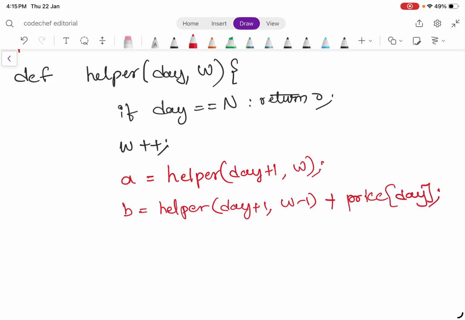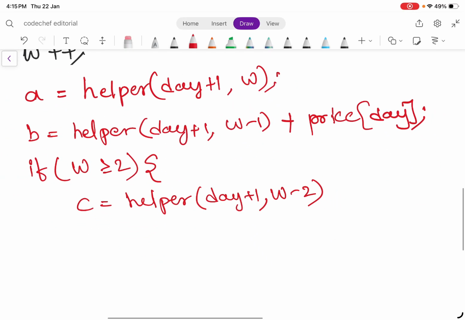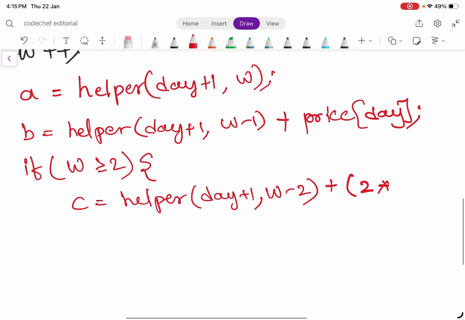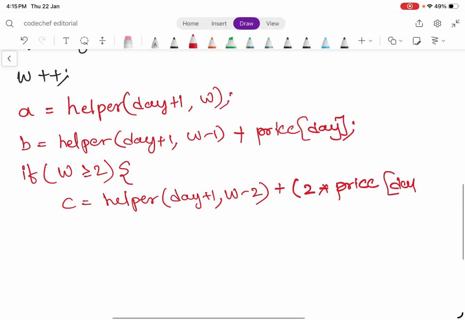For the third condition, that is to sell 2 watches, if W is greater than or equal to 2, only then we will calculate the third condition. C will be helper of day plus 1, watches minus 2, but in this transaction we gain the price of two watches, 2 times price of day.